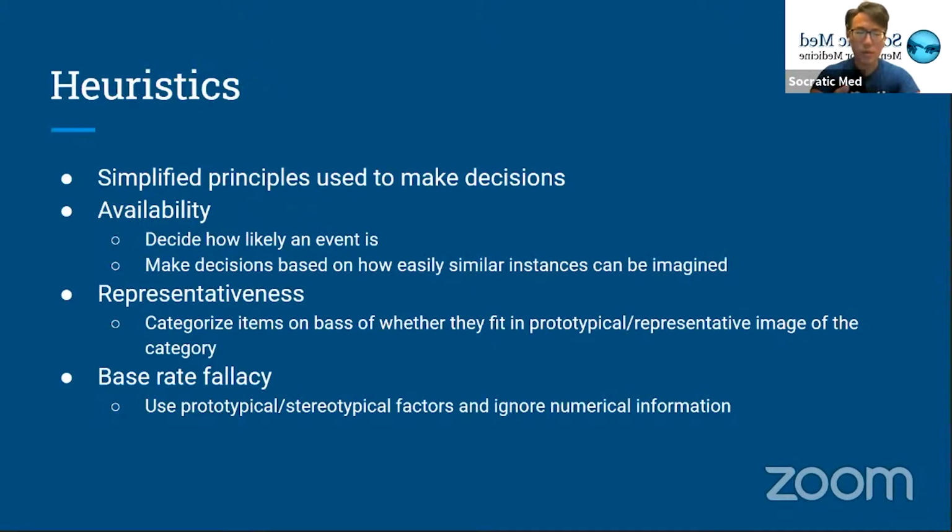So representative heuristics, sorry, I misspelled that. That's when you categorize items on the basis of whether they fit a prototypical or representative image of the category. Representativeness is when you're given a certain concept or topic, and you automatically think of the prototypical or stereotypical representative of that category.